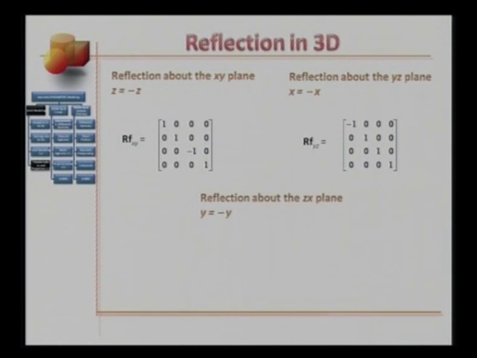Finally, reflection about the zx plane, for which the y coordinate will change sign. Our f zx, reflection about the zx plane, will be a 4 by 4 dimensional matrix. Again, very similar to an identity matrix, but with the second by second term here as -1.